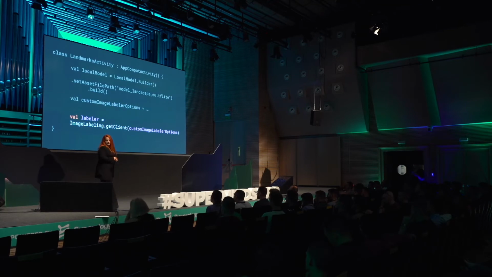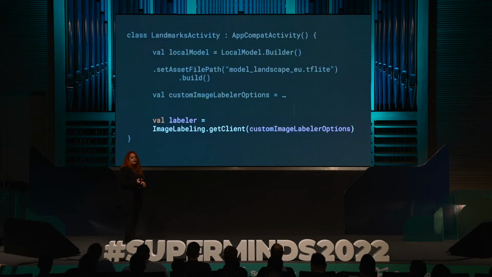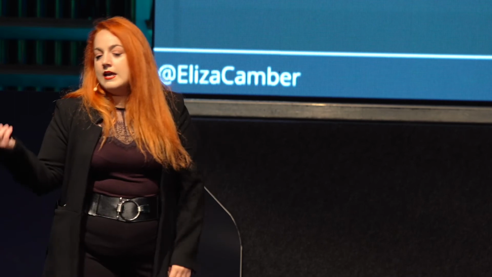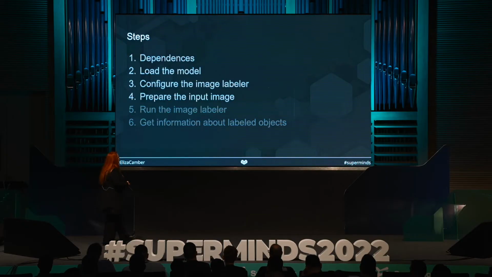Finally, we just need, again, a labeler that will take our model with our options and create the image labeling object. The same as before, we are going to prepare our input image.